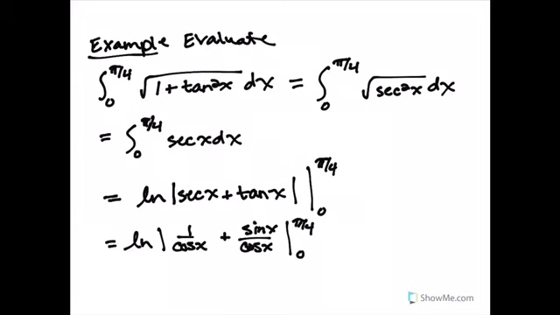So when I evaluate that, I'm going to get natural log of 1 over cosine of pi over 4 plus sine of pi over 4 over cosine of pi over 4. They're the same, right? Tangent of pi over 4 is 1 because it's root 2 over 2 divided by root 2 over 2.